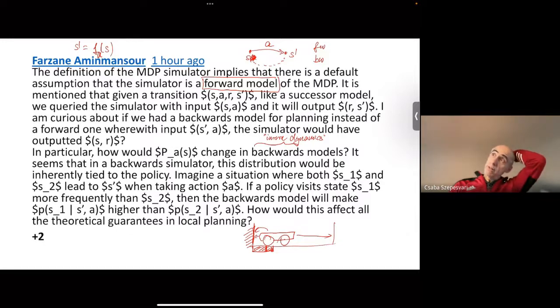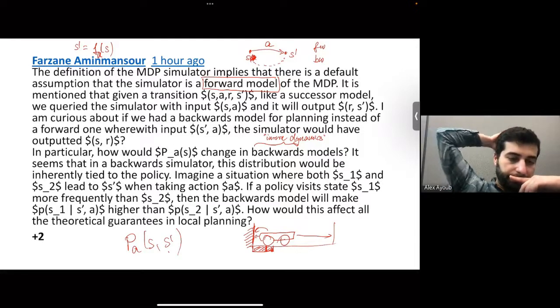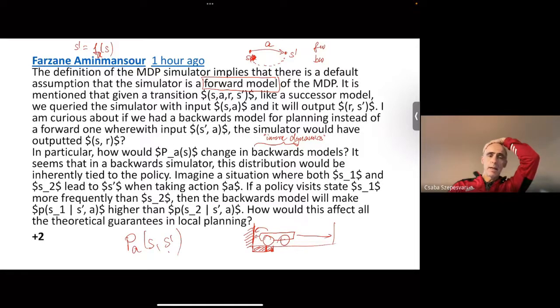It was more like that. So we have P, A, S, and S prime. Are we in the tabular stochastic setting or tabular deterministic? Stochastic. They were in the stochastic setting.